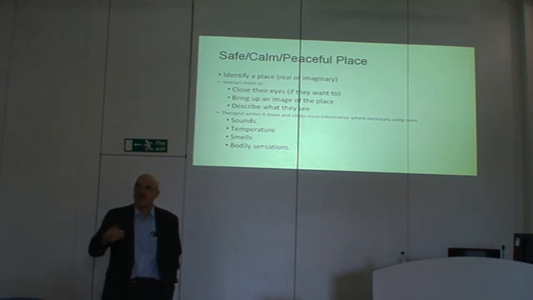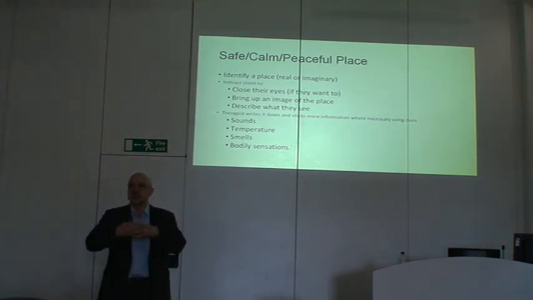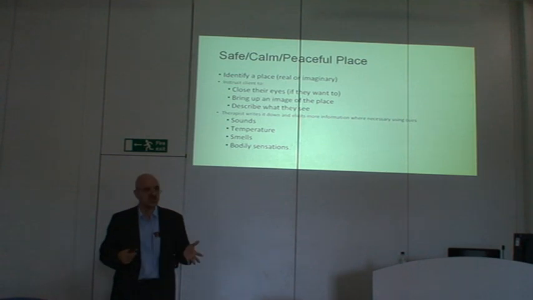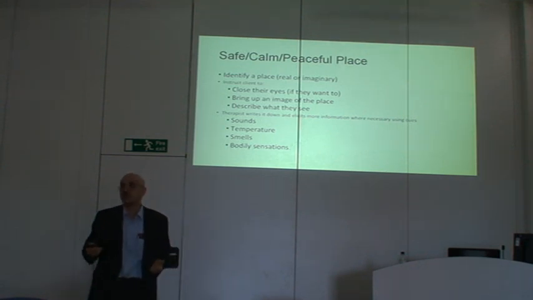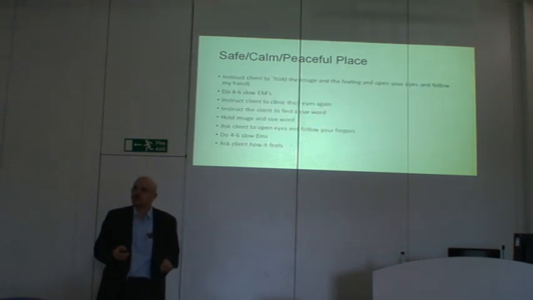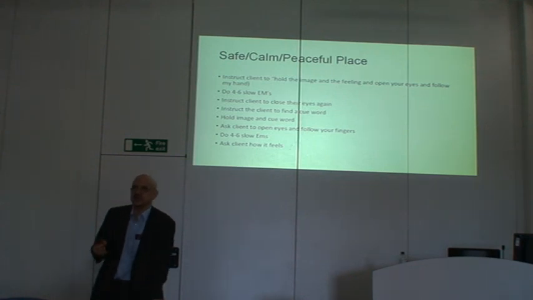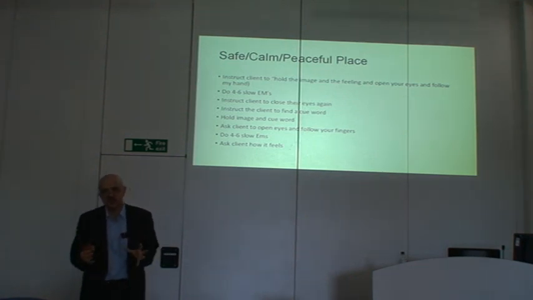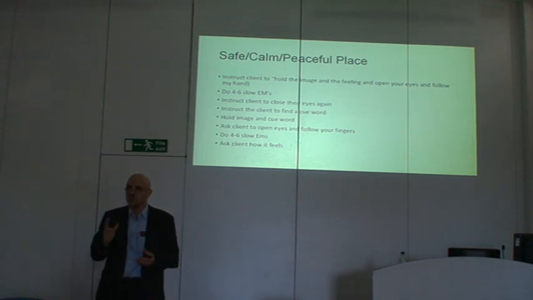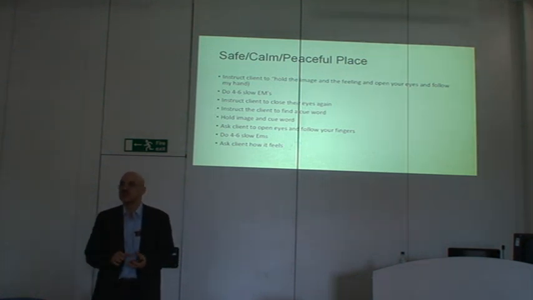And then to bring up the image, try to enhance the image by describing the sounds, temperature, smells, body sensation in that particular place. And then instructing the client to hold this image in the mind and do 4 to 6 slow eye movements to try to install this safe place.